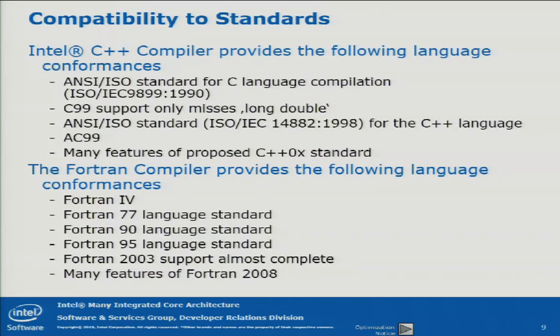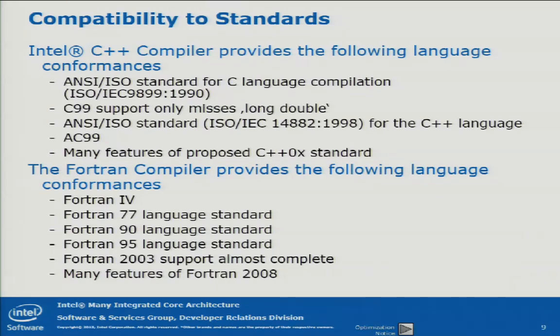Compiler generics. So most people are interested in what the compiler actually eats as a source code. So basically, we support almost the new standards. So we have full C++ 11 compatibility. We have C99 compatibility. And Fortran-wise, we support anything up to Fortran 2003 with minor exceptions, I would say.